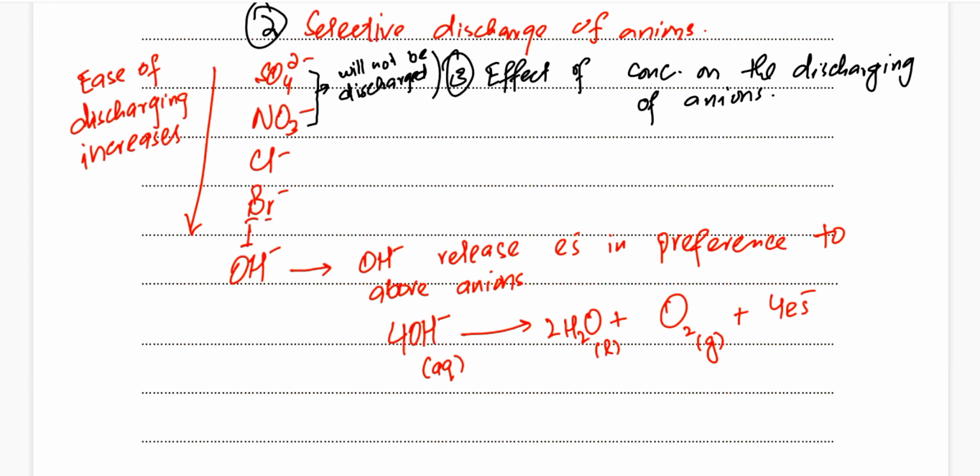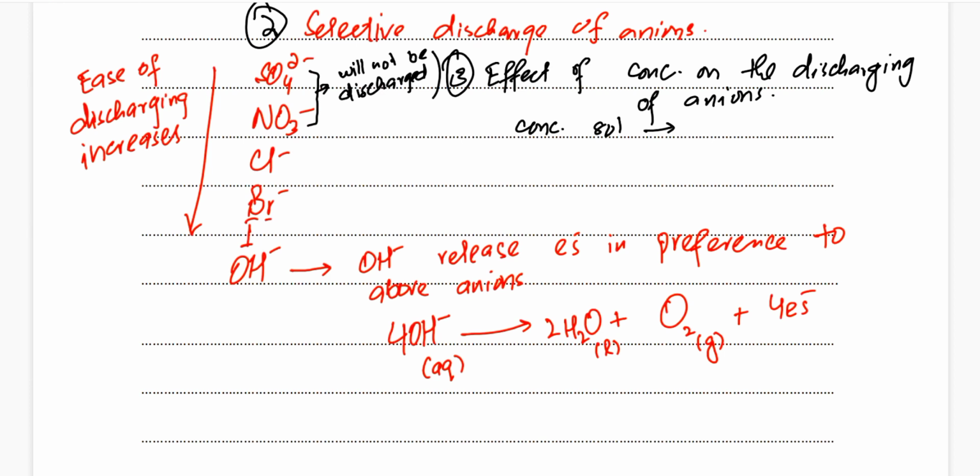This was the second. Okay, so effect of concentration. When we have a concentrated solution, then in the selective discharge of anions, the trend of discharging of anions will be reversed.